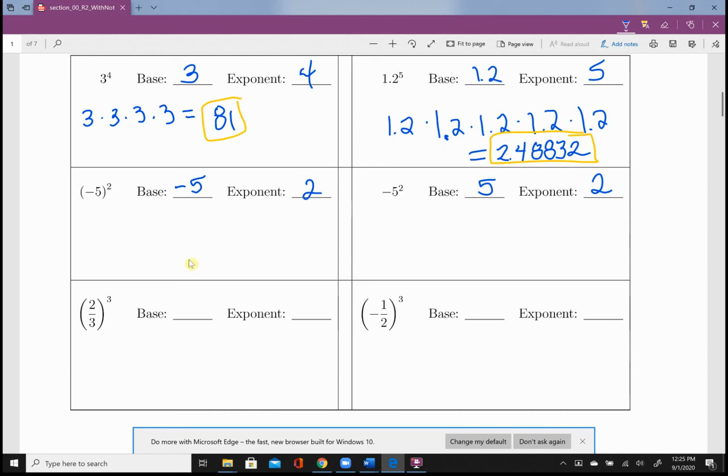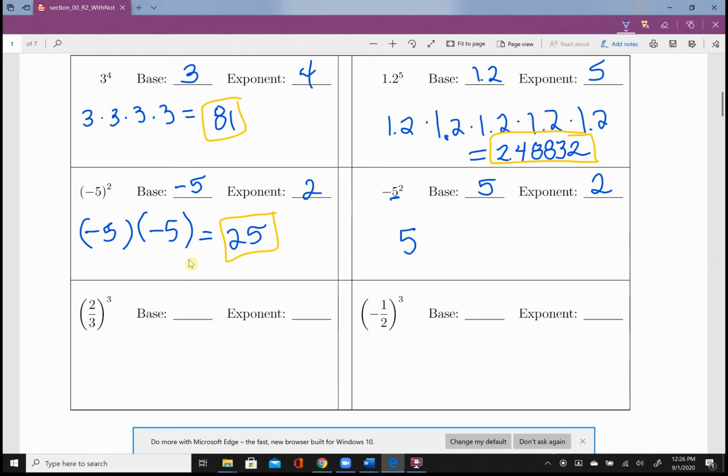Okay, so going back to this first example to the left in this row, we have -5 times -5, and that's going to give us a positive 25, right? But on the other hand, how does the other example differ? Well, here only the 5 is having imposed on it this exponent of 2.